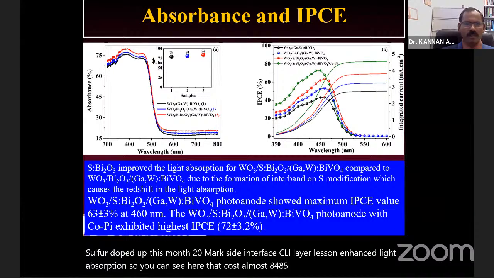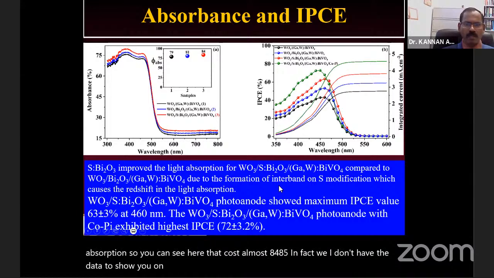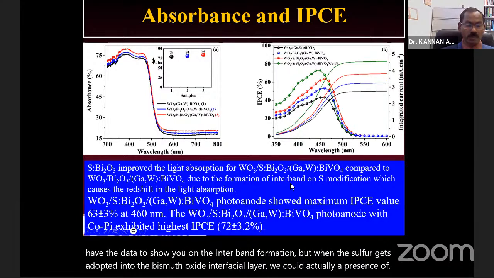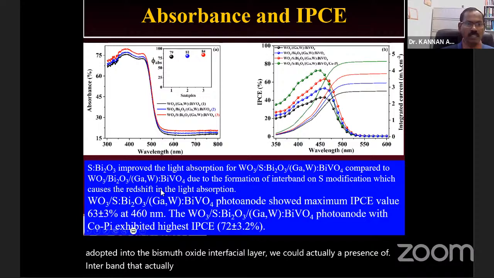I don't have the data to show you on the interband formation, but when the sulfur gets doped into the bismuth oxide interfacial layer, we could see the presence of an interband that helps cause the redshift or expansion of the light absorption band.